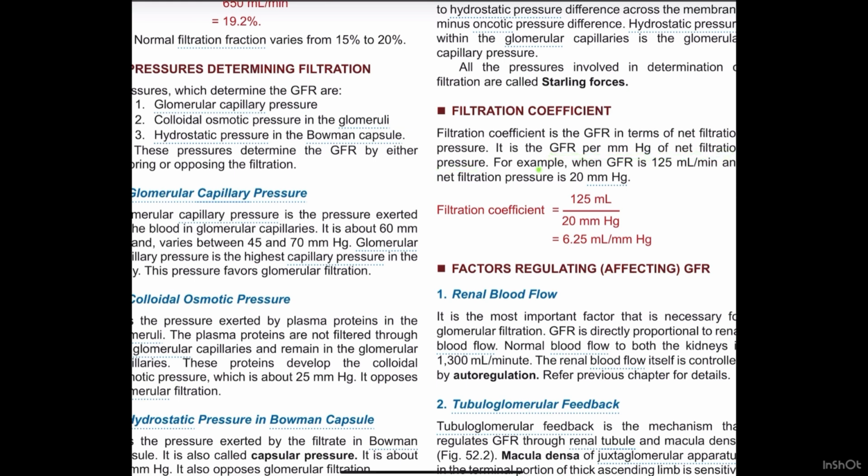For example, when the GFR is 125 ml and net filtration pressure is 20 mm of Hg, 6.25 ml of filtrate is going to be produced. For every 1 mm of Hg pressure, 6.25 ml of filtrate is going to come and stay in this Bowman's capsule.